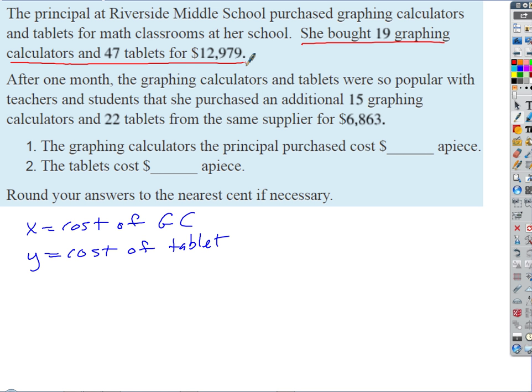Okay, so if x represents the cost of a graphing calculator, then doesn't it make sense that 19 times the cost of a graphing calculator x, that's going to represent the total amount she paid for graphing calculators, plus 47 times the cost of a tablet, which is y, all adds up to $12,979.